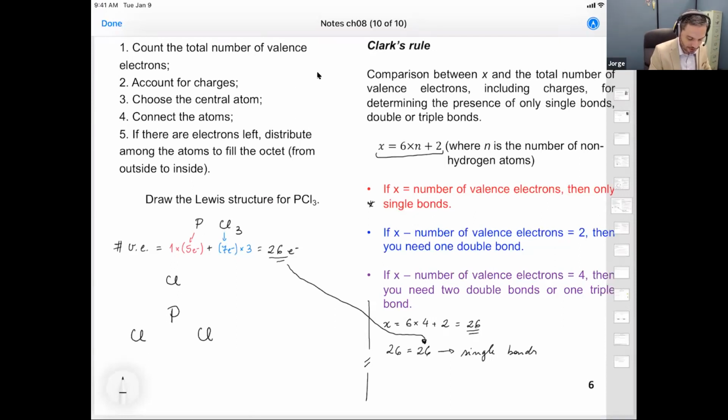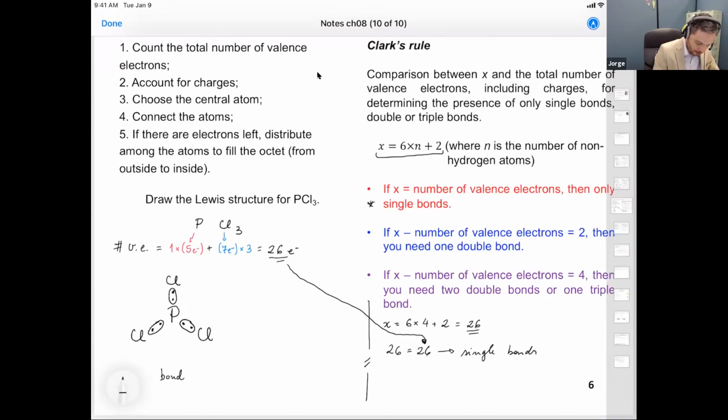Now let's use the 26 electrons to connect the elements. We know that there are only single bonds. One single bond here, another single bond on the left side, and another single bond on the right side.